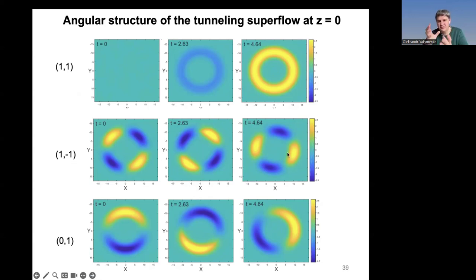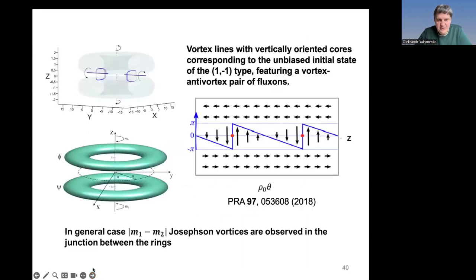You have this angular pattern, and the flow has the opposite direction, like blue and yellow, top and bottom. And due to this azimuthal structure of the flow, the total flow will be zero in this case. And this is illustrated in this plot.